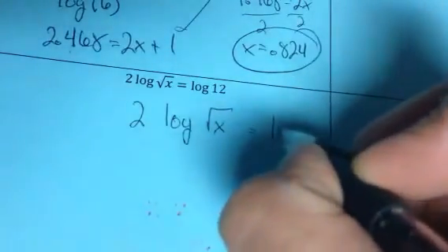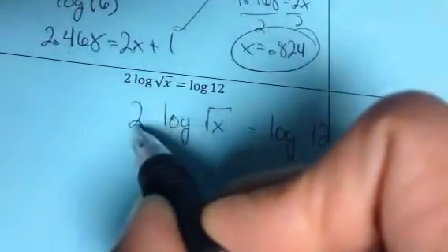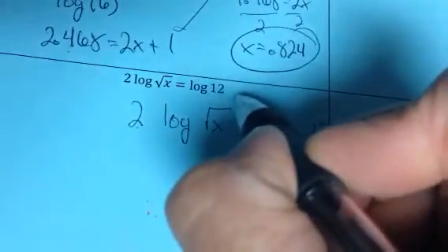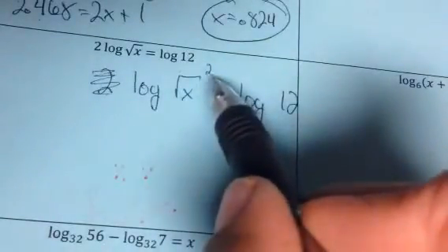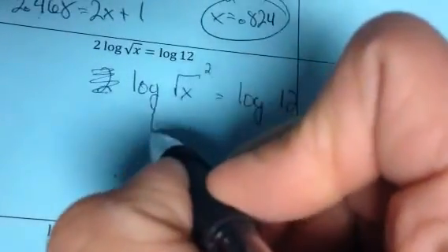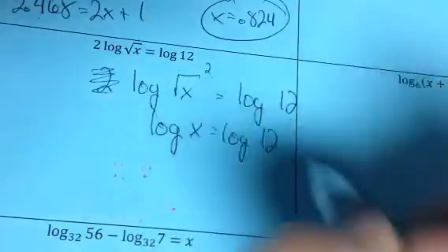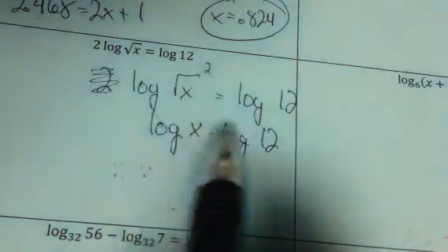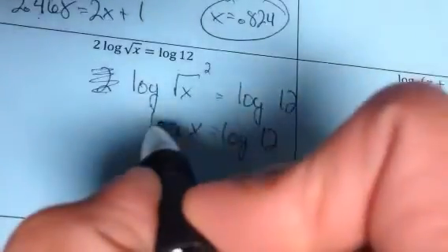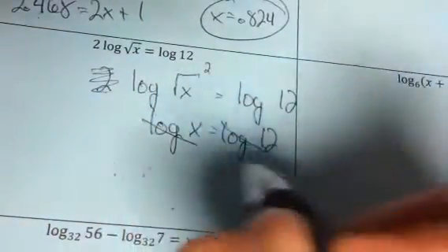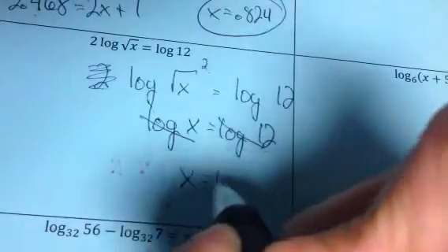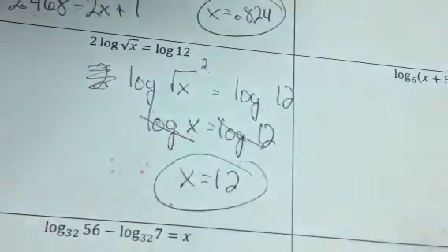I'm not really writing it, am I? So the idea is I'm going to actually bring this back as a square. And the idea is when you square a square root, they cancel out. So over here, I'm actually just left with x. And now that I have one log here, one log there, no constant, and they have the same base, it's that unseen 10. I can ignore that, and I get my answer. My answer is just 12.